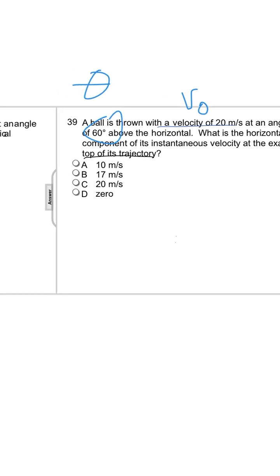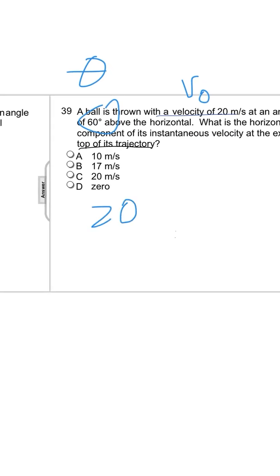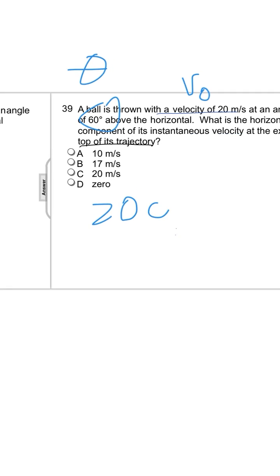Well, it's the same as the VOX because the x component stays the same throughout the whole trip. So this would be V times cosine of 60. And you can solve that. Be sure you're on degrees.